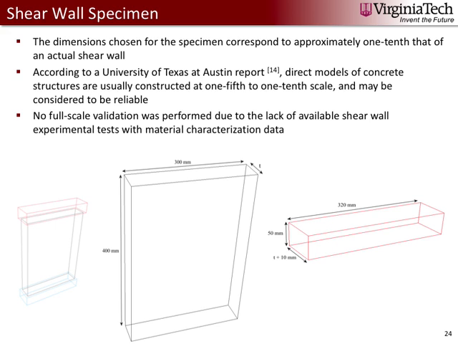So due to the effect of increased computational cost at larger scales, we've chosen 1/10 scale as a good compromise. I'd like to note again that no full-scale validation was performed for these simulations that you'll be seeing, due to the lack of available shear wall experimental tests with adequate material characterization data.